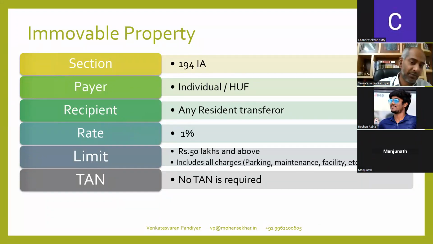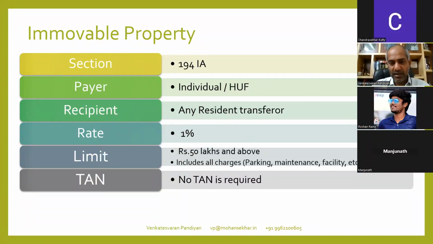By the way, the section number quoted is not correct. It's not 194(1)A. It is actually 194(IA). So I stand corrected on that. 50 lakhs and above. This 50 lakhs is inclusive of all parking, maintenance, and facilities. When the section was originally envisaged, it was not added.